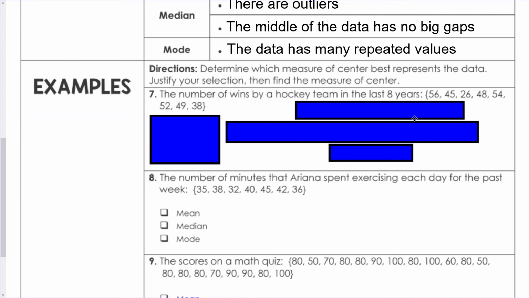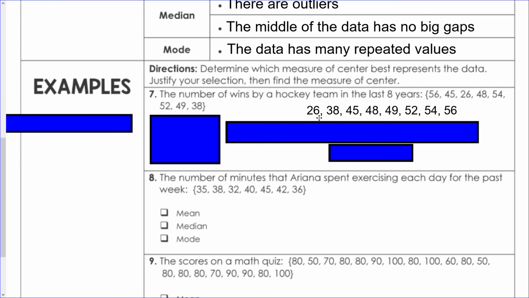Putting these numbers in order, you get that right there. It may not look like it, but 26 really is a bit of an outlier. It's way smaller than the other ones. It's 12 apart, while the rest are much closer together. 38 is a little far, but not nearly as far away as 26.